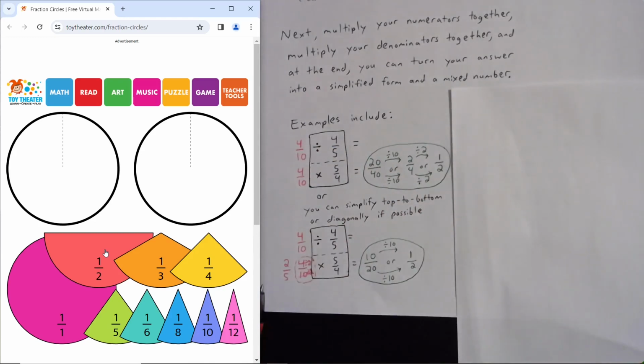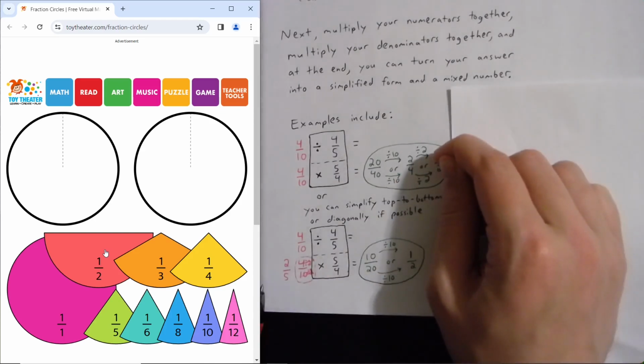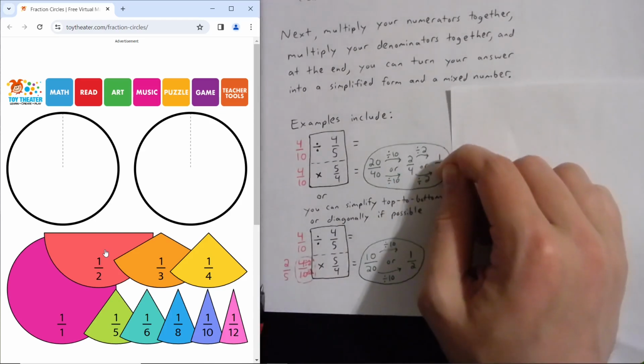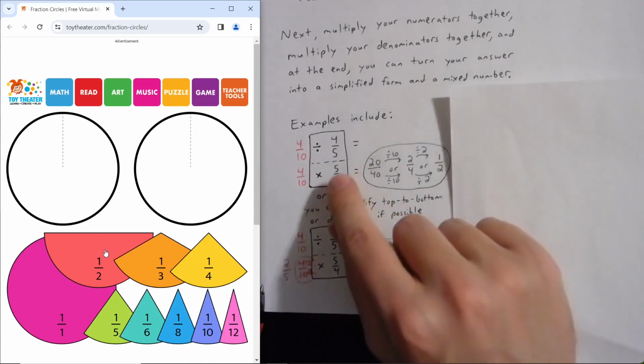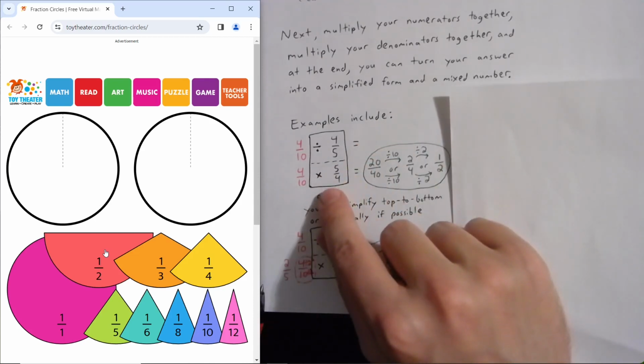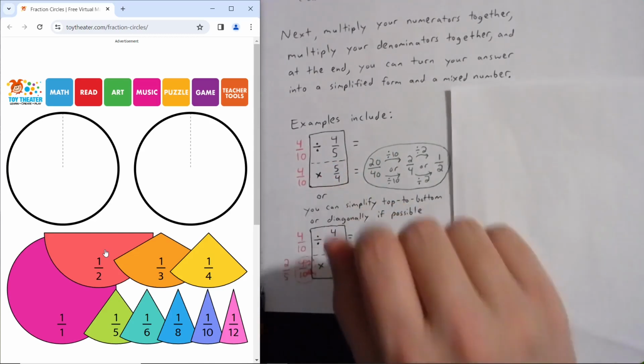However, many of the problems that you deal with are not going to be that easy and won't have whole number answers for your numerator and your denominator if you divide top by top and bottom by bottom. That's why I'm teaching you the strategy of turning dividing by a fraction into multiplying by its flipped form.